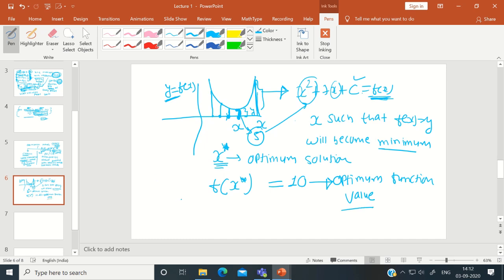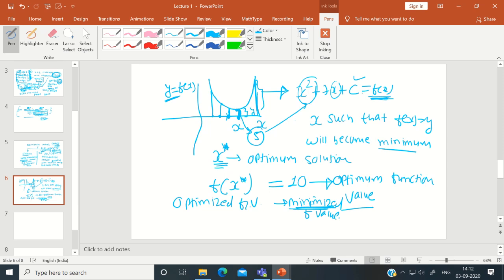This is also called the minimized function value. In this case we minimized the function, so it is a minimized function value.